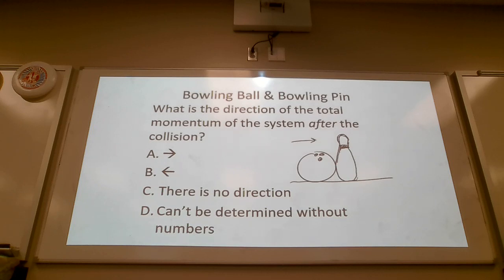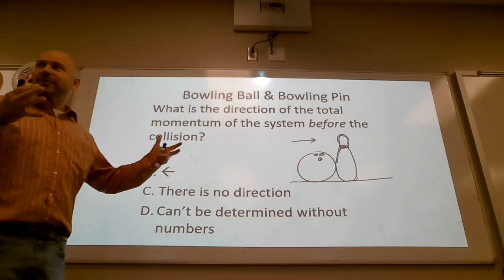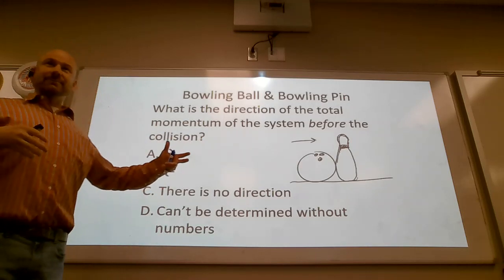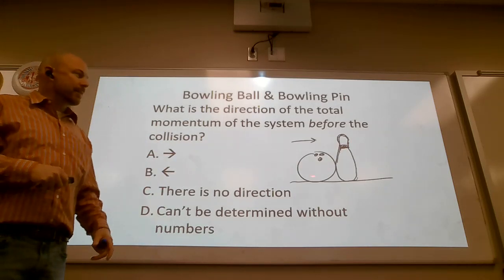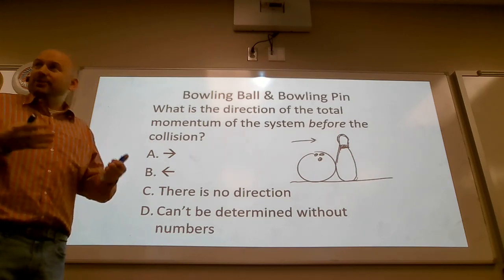Well, I don't know. I mean, the pin's probably going to go that way. The ball, okay. We've discerned through this long conversation that in this interaction, if you put the ball and the pin in the system, the momentum is conserved.